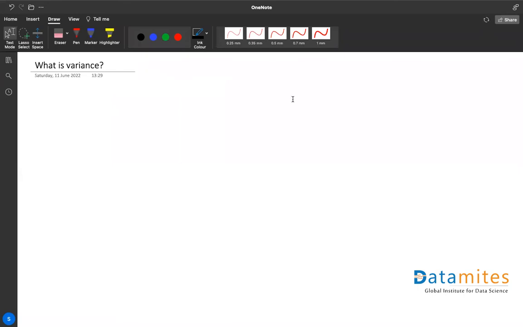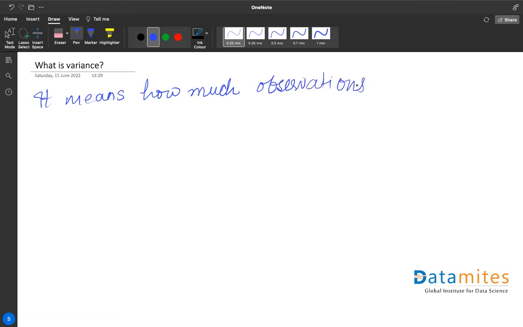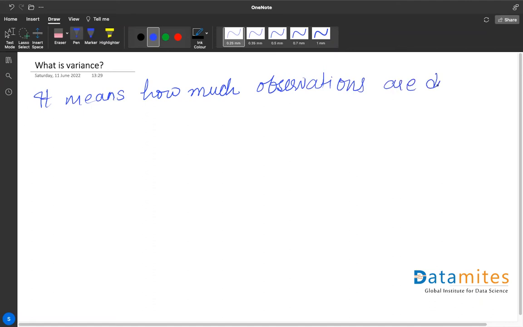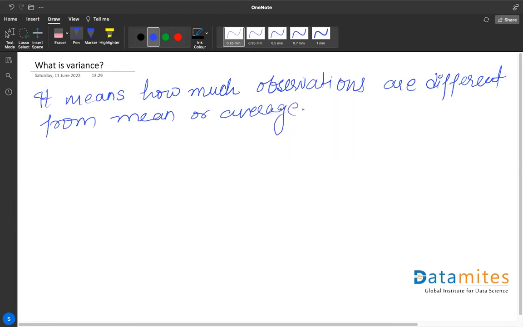Okay, so I'll tell you, variance means how much observations are different from mean, from average or mean. Okay, this is the definition of variance. And an example to understand it in very layman terms.